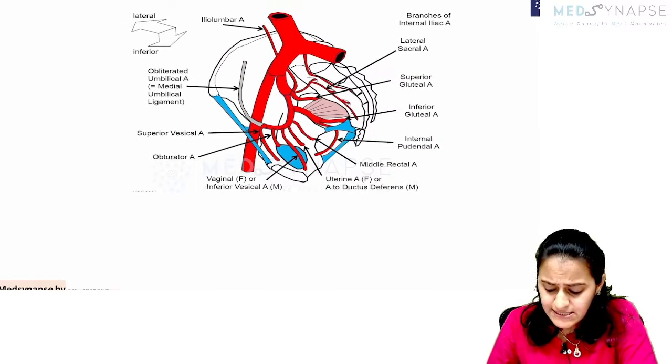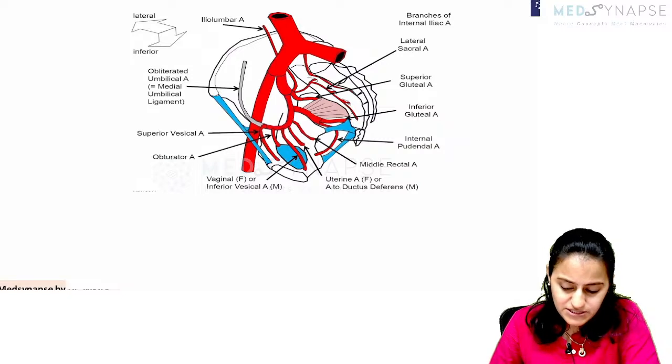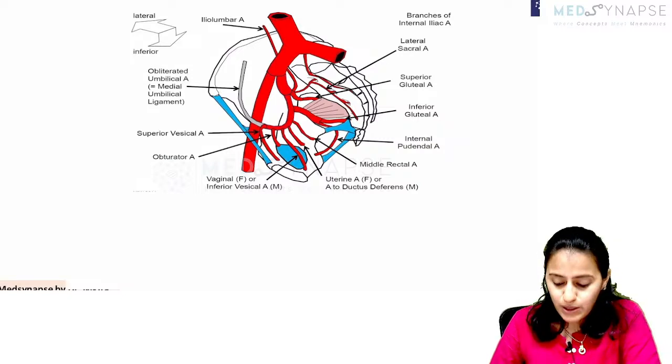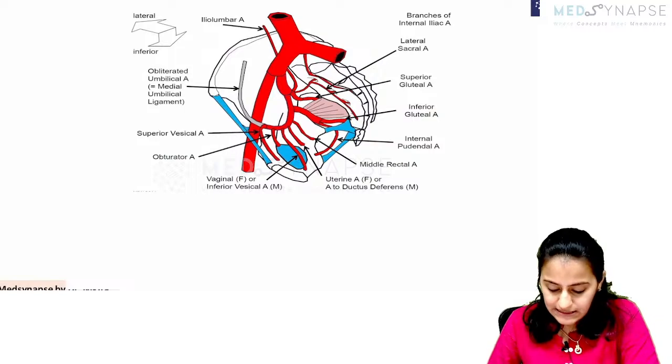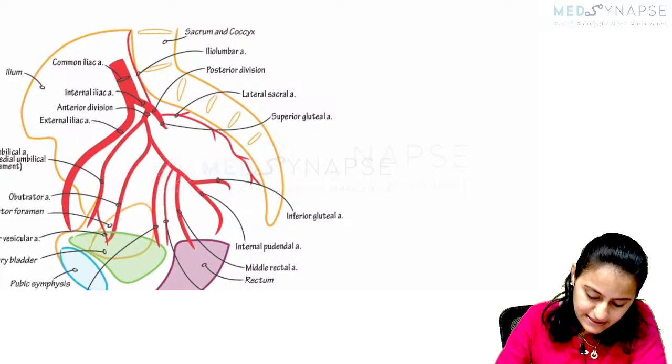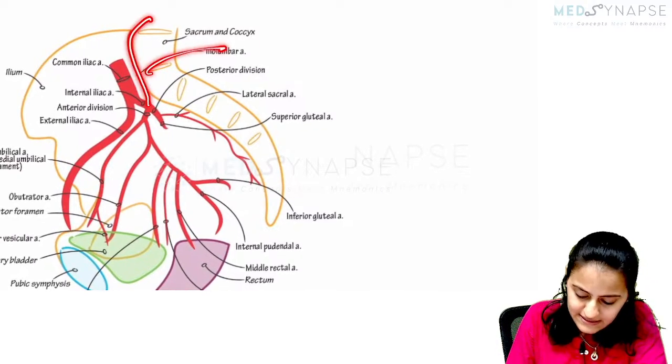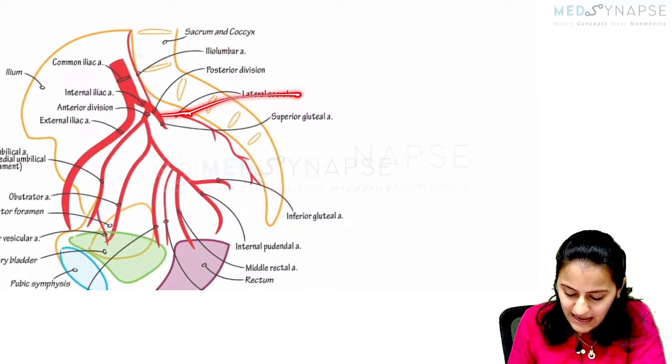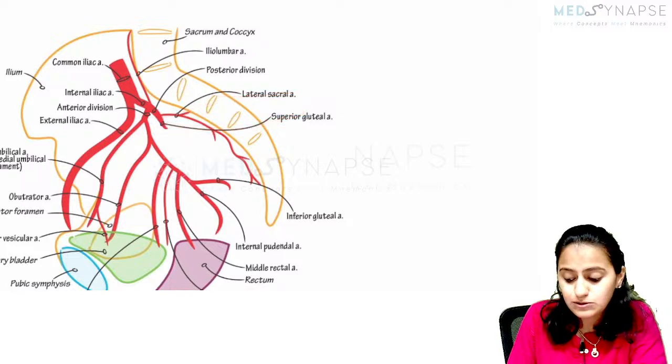What branches do we get from the posterior division? The iliolumbar artery. Correct. So from the posterior division you get the iliolumbar artery, the lateral sacral artery and the superior gluteal artery.